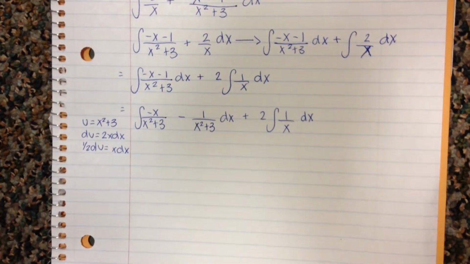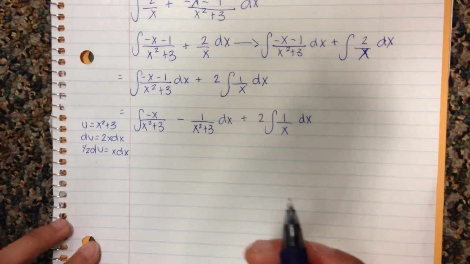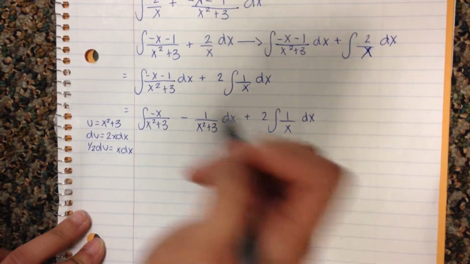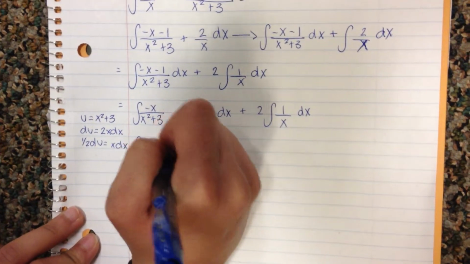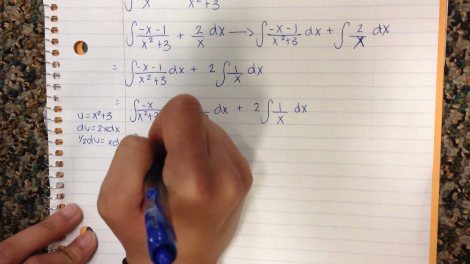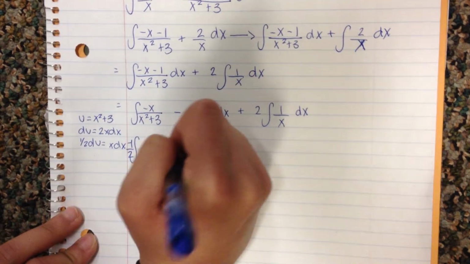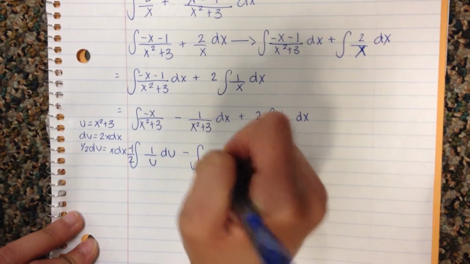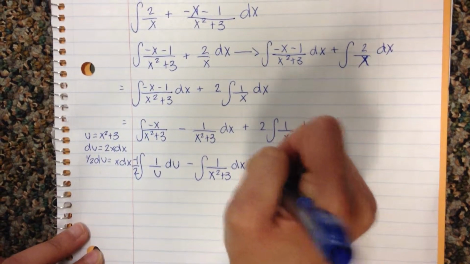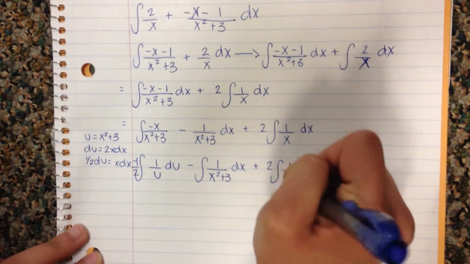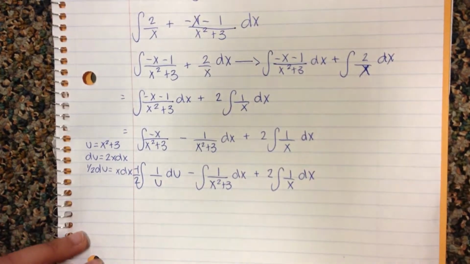So we can factor that back in, and that would be -1/2 on the outside, the integral of 1 over u du, and then you can take this separate integral, minus the integral of 1 over (x squared plus 3) dx, plus 2 times the integral of 1 over x dx.